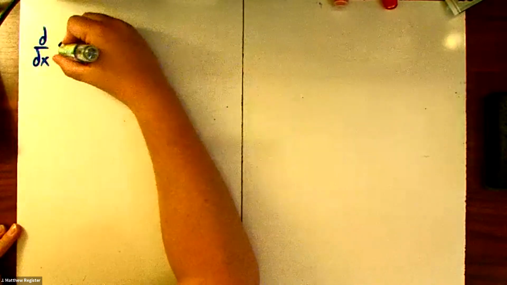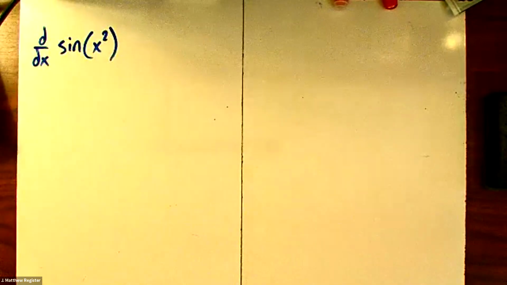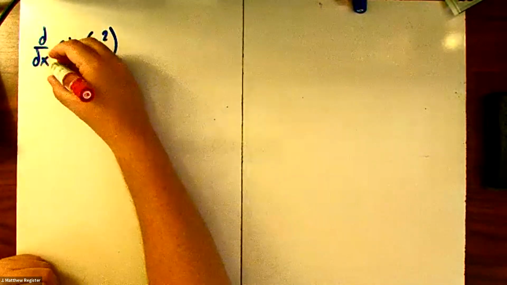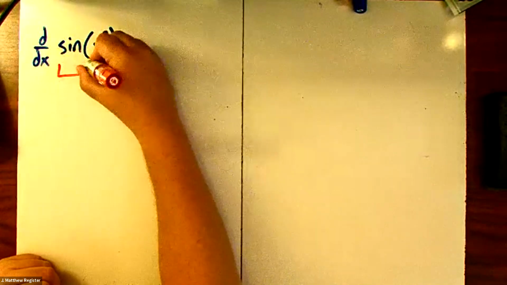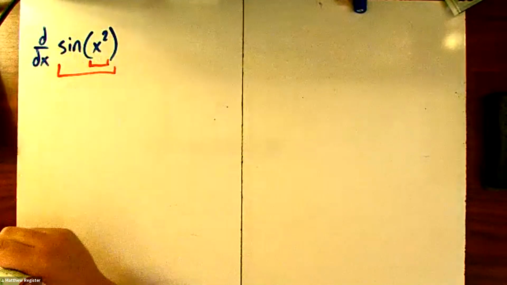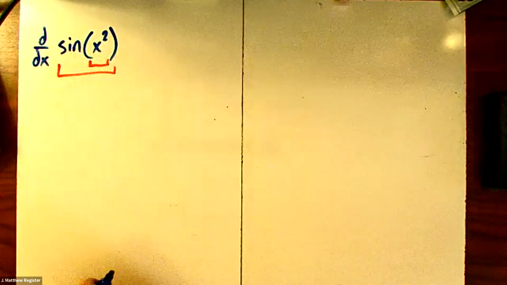Let's say that we want to take the derivative of sine of x squared. Notice that this is the composition of functions. We have an outside function and we have an inside function. The way that we use the chain rule is we start by taking the derivative of the outside function.